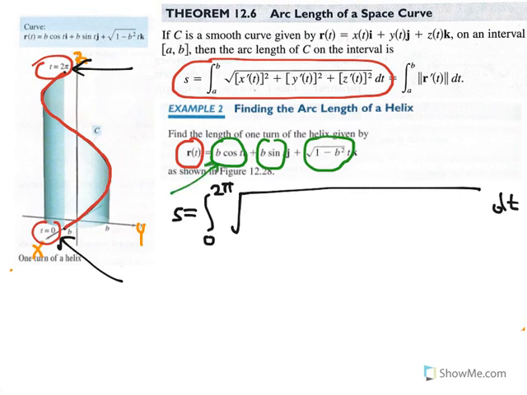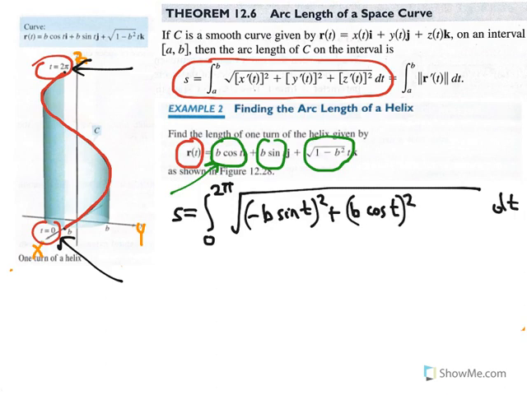So the derivative of b times cosine of t with respect to t would be, the derivative of cosine is negative sine, so I'll have negative b times sine of t, and of course I have to square that. The derivative of b times sine of t with respect to t, b is just a constant, so the derivative of sine is cosine, so I'll have b times cosine of t, and I'll have to square that.